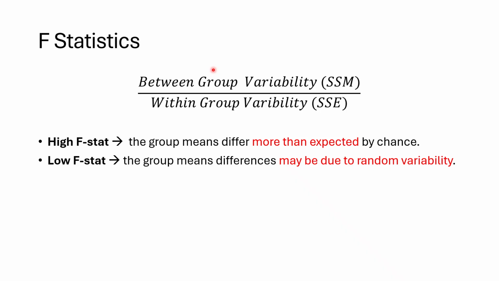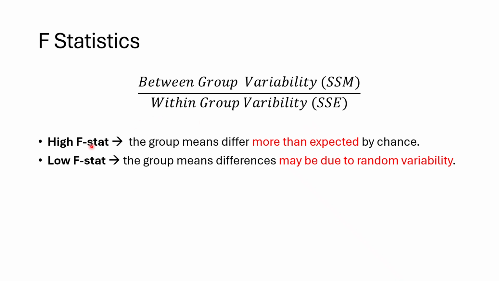So it is in fact the ratio of how much is the variability between these groups, or male and female sex groups, and within the group, which is the error sum of squares.